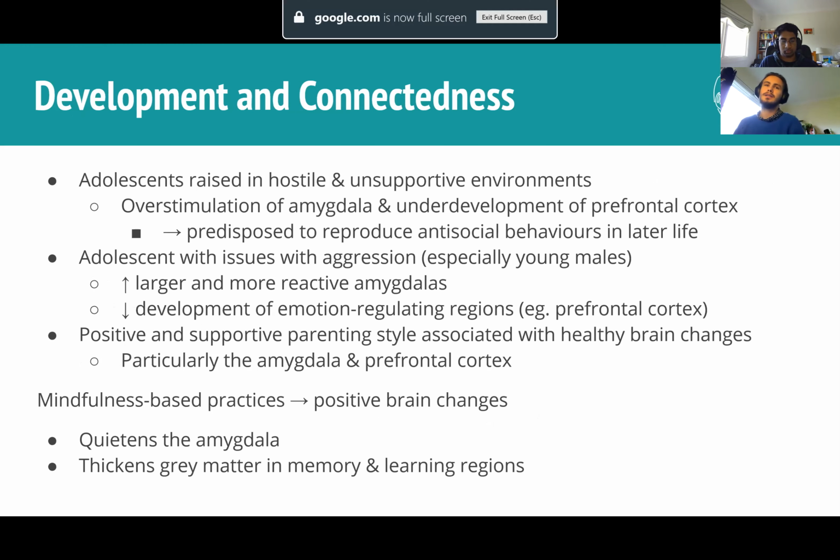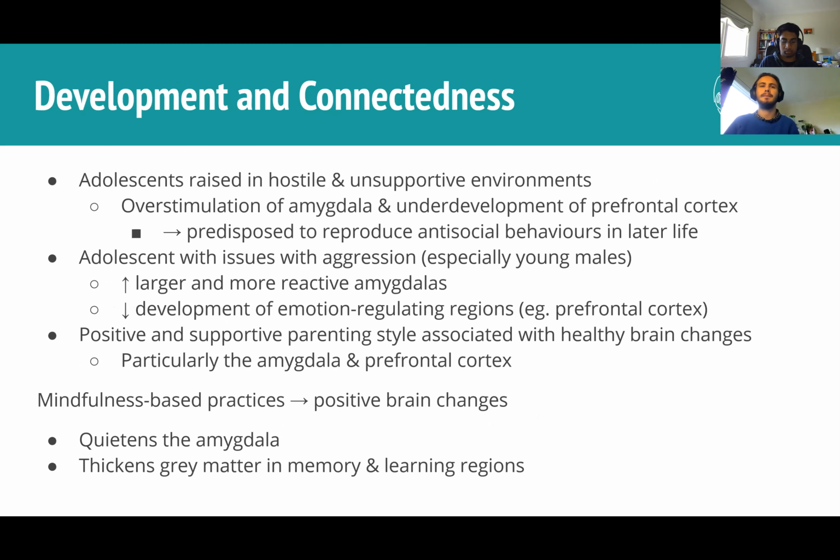All right, so tying into development and connectedness. Adolescents, so teens that were raised in harsh, negative environments, that resulted in overstimulation of an area in the brain called the amygdala, and underdevelopment of the prefrontal cortex, which is involved in emotion processing.